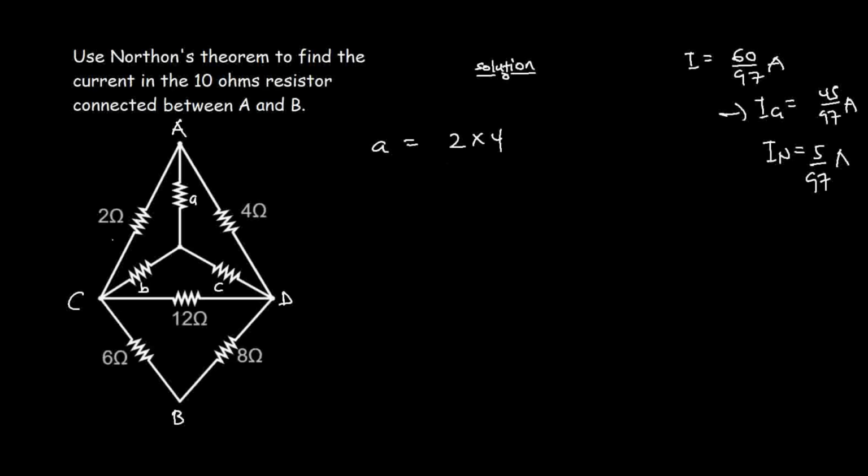You multiply these two with this 4 here, and then you divide by the total. So that will be 2 plus 4 plus 12, which was 18. So 2 times 4 divided by 18. So let's see the value of this. This will be 8 over 18.